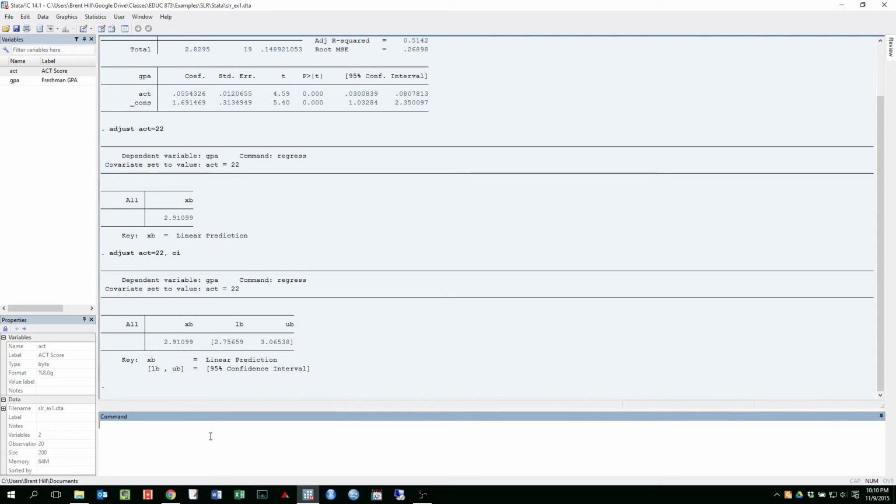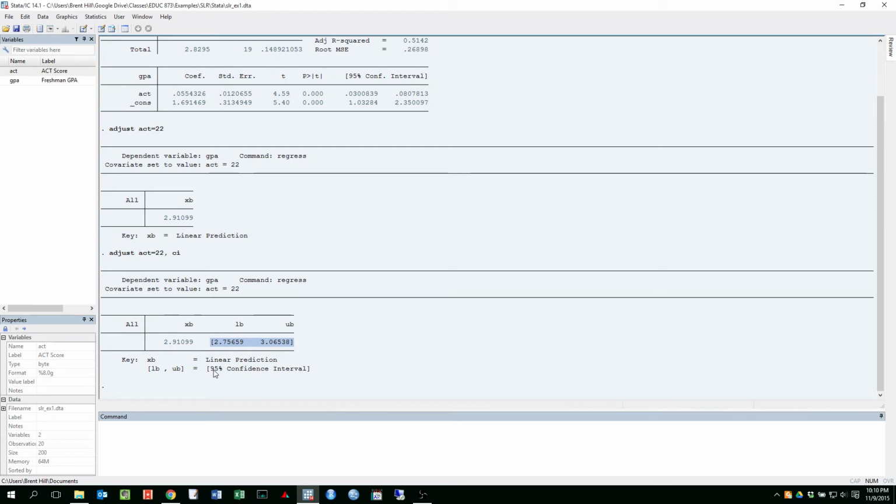Okay, so we get similar output. We get the same predicted value, but we also get the confidence interval. It's LB and UB, for lower bound and upper bound.